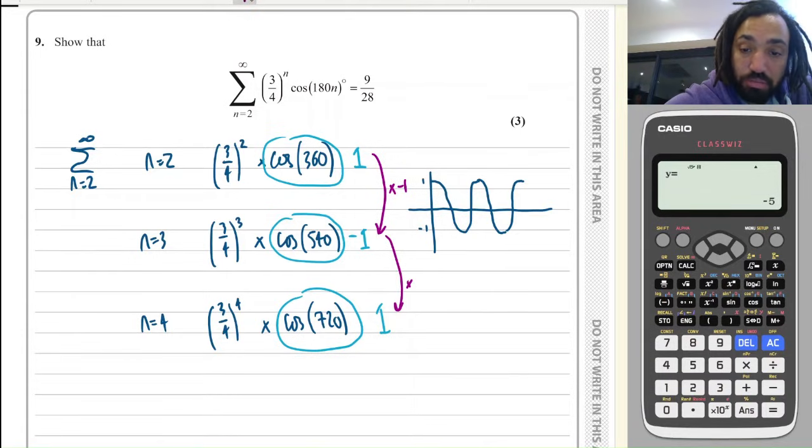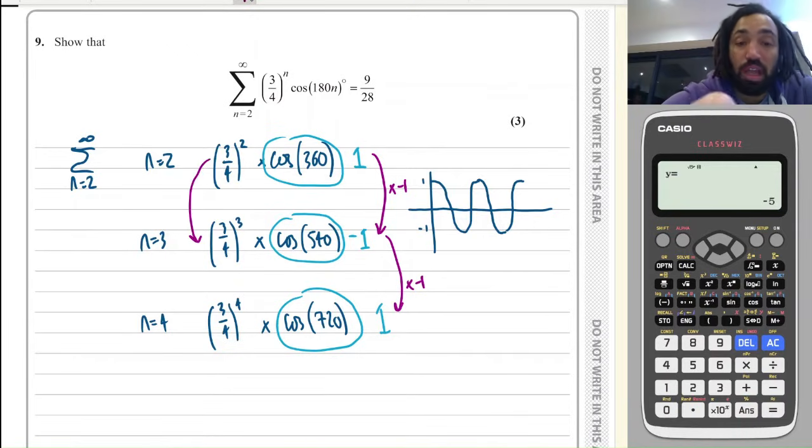And here we're just timesing by minus 1. And now let's look at the 3 quarters. Well, to get from this one to this one, I'm just timesing by an additional 3 quarters. Because the power is going up by 1, which means I'm timesing it by 3 quarters again. And again, I'm just going to be timesing it by 3 quarters.